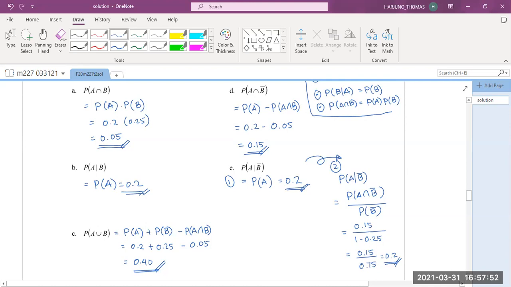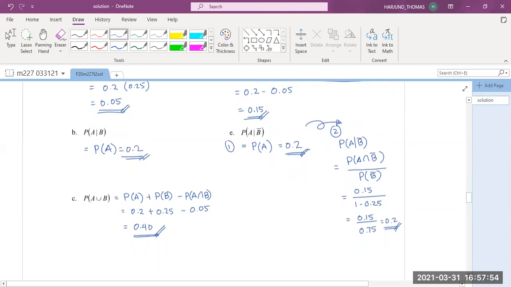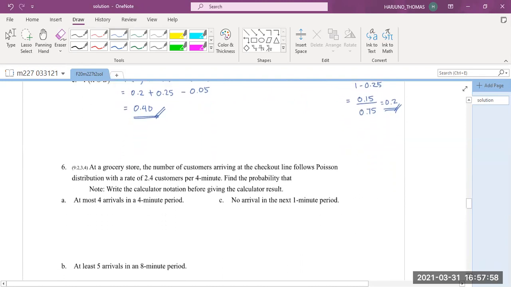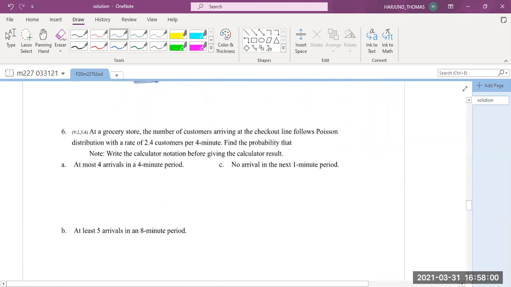Okay, then the next question, number 5, Poisson distribution. At a grocery store, the number of customers arriving at the checkout line follows a Poisson distribution with a rate of 2.4 customers in 4 minutes. So let X be the number of customers.